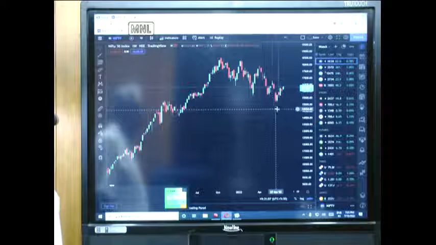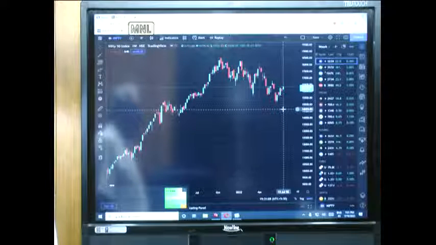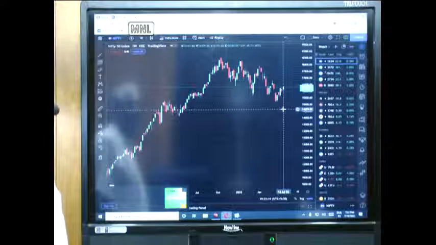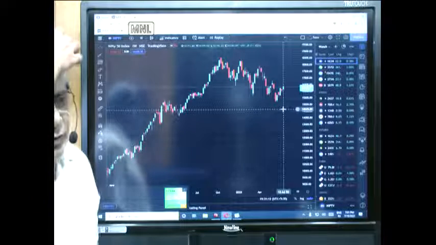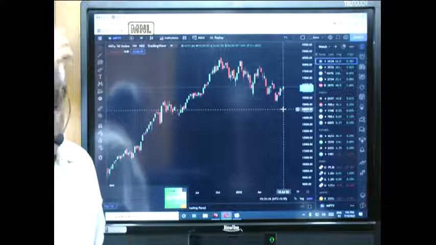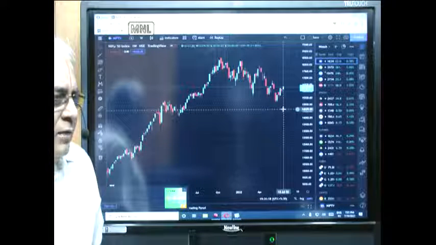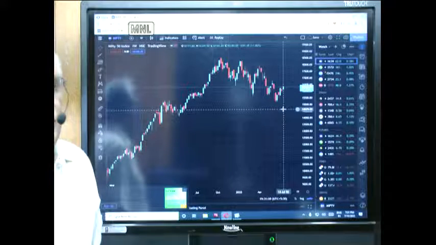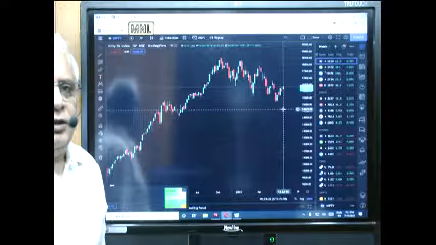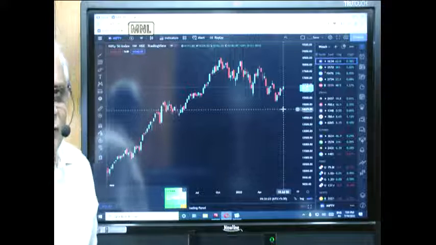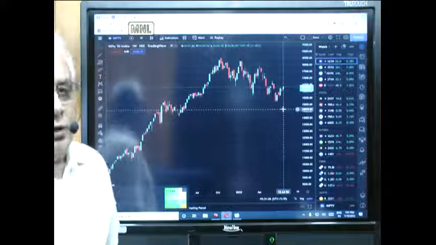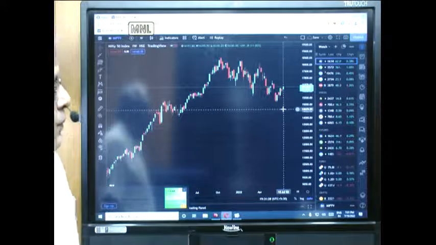If that be the case, then probably we should be seeing something like this: 16,142. If this low is maintained for the week, then we should be easily seeing 16,530, 540 levels this week. 16,530, 540 can also be seen this particular week. So let us be prepared for that.